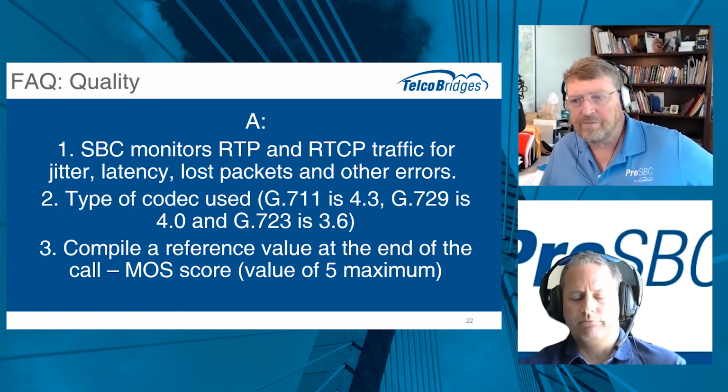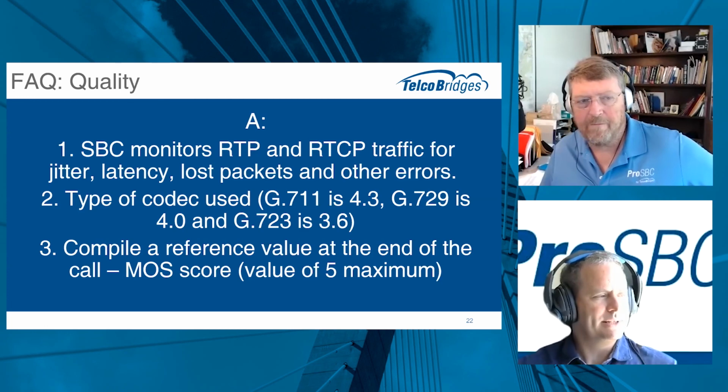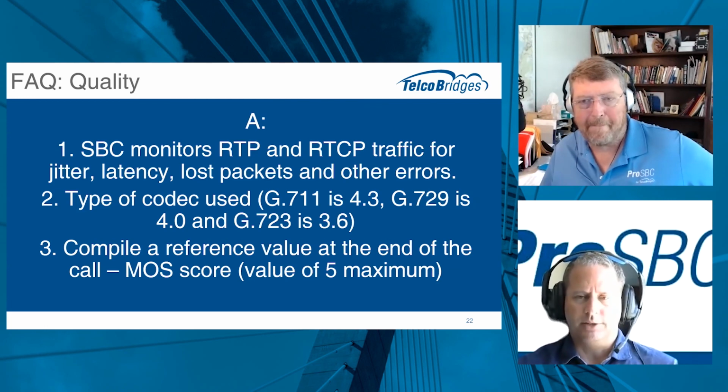Correct. So for every single session that is open, when there is RTP traffic on this session, we will monitor this traffic. We use both RTP and RTCP traffic to give us some data about this RTP stream.